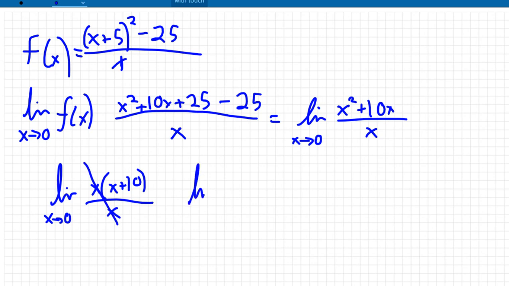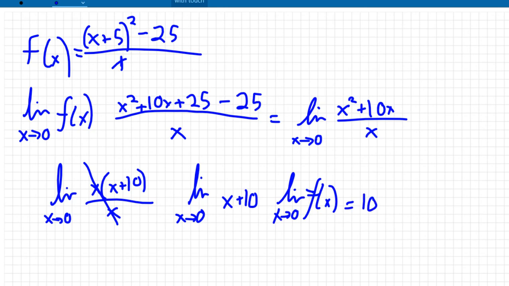So we're just left with the limit as x approaches 0 of x plus 10. And we can obviously evaluate that at x equal to 0. So we would just say that the limit as x approaches 0 for f of x is 10. All right.